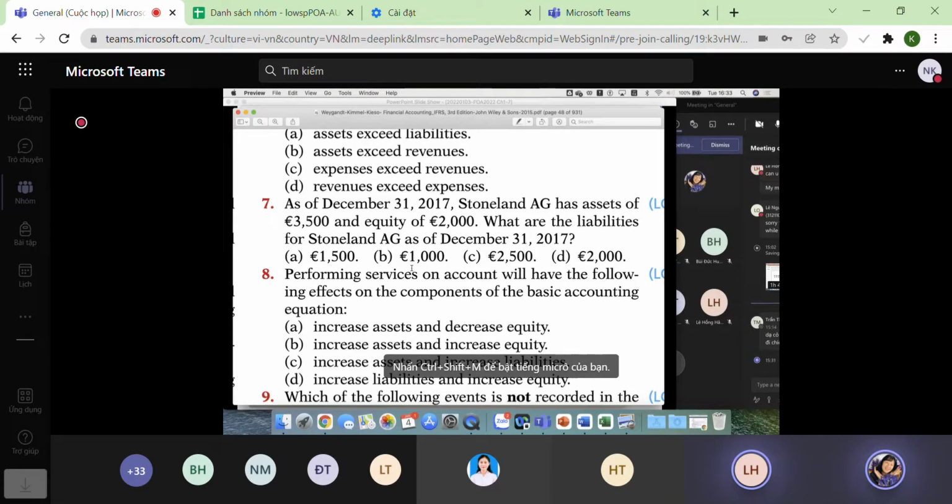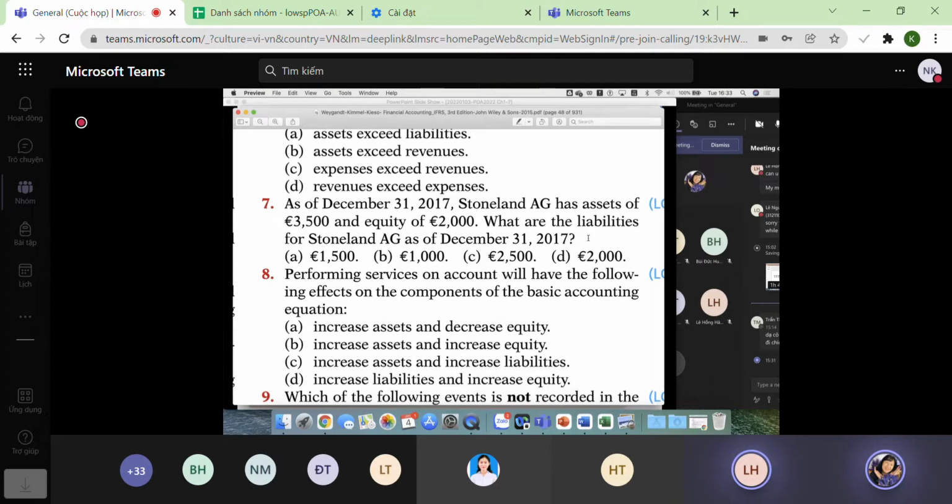And equity 2,000. So they ask about the liabilities. So based on the accounting equation, we can calculate the liability, right? 3,500 minus 2,000.